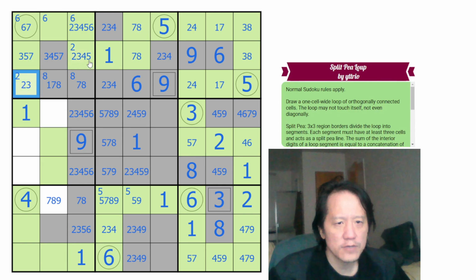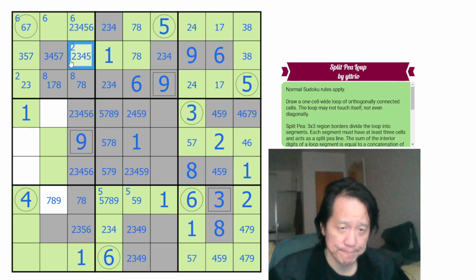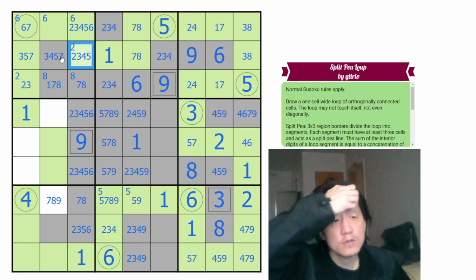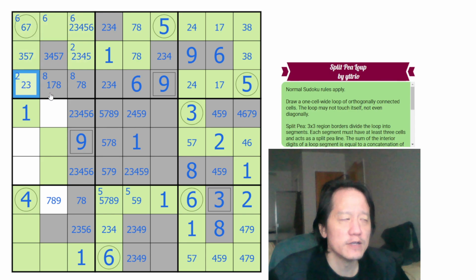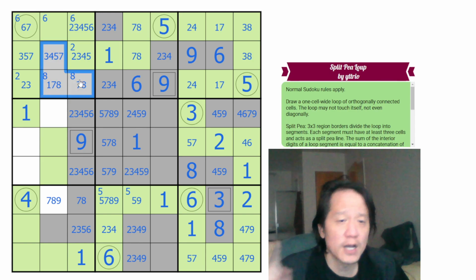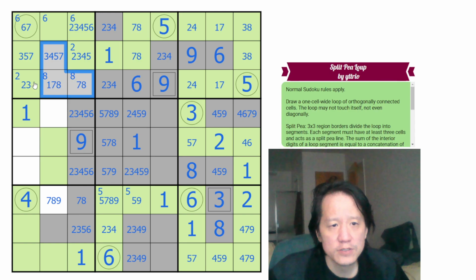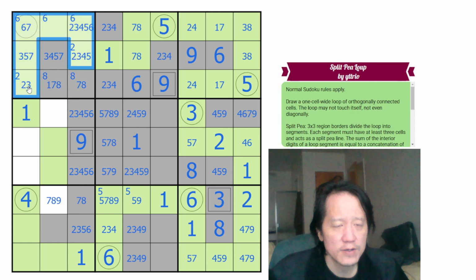Okay, can this ever equal 20? If this is 23, that means this is 23 plus 2 plus 3, which would be 28. We have another 8, so then this would have to add up to 9, which is not possible.